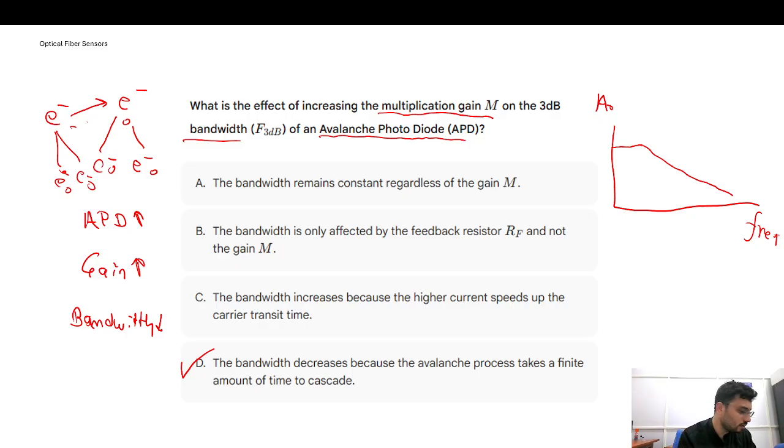Maybe I can explain more properly. Let me check once where I wrote these things.